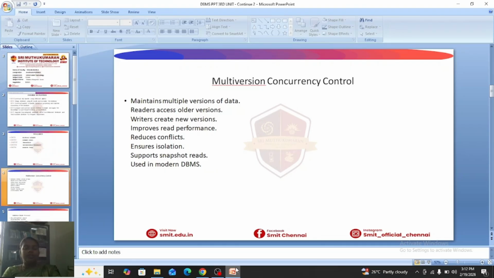Actually, we need to see why multi-version concurrency control is needed. Because readers block writers, and writers block readers, which can cause deadlock also.